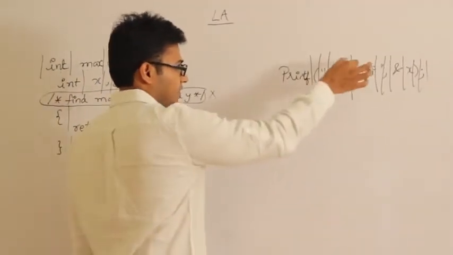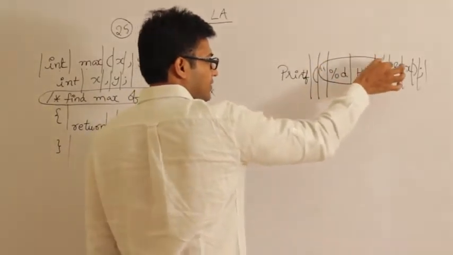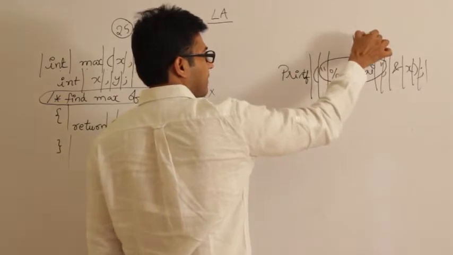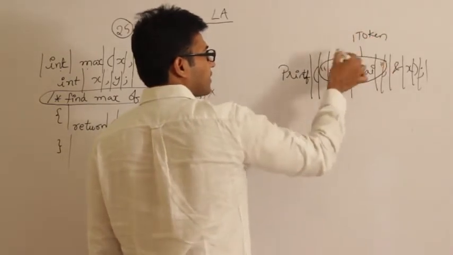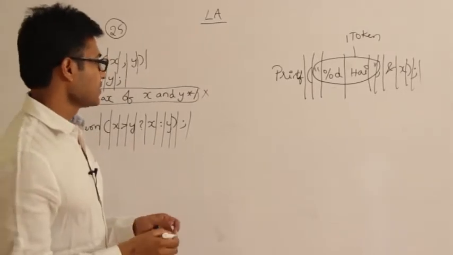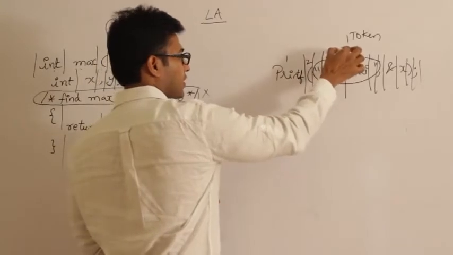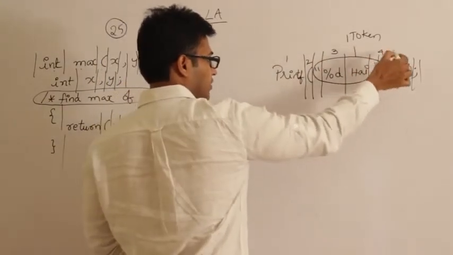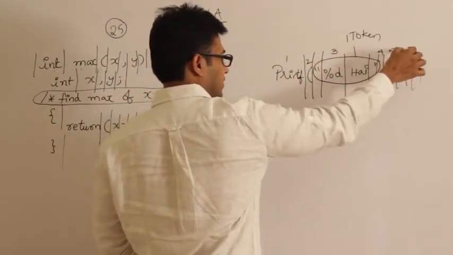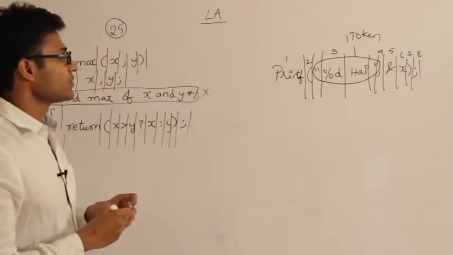The entire string literal is considered as one token, and the remaining things are tokens each. So the first token is printf, second token is the open brace, third token is the string, fourth token is the comma, fifth token is the ampersand, 6, 7, 8. Therefore only 8 tokens are there.